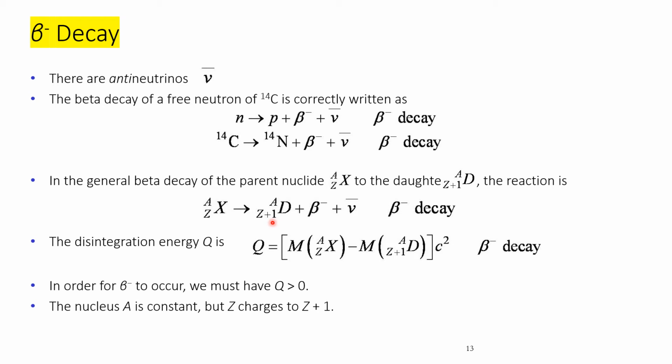And the disintegration energy Q is given by this equation here. This is for your beta decay. In order for beta minus decay to occur, we must have a Q that is greater than 0, or a Q that is positive. Otherwise, if you get a negative Q, then the beta decay of the nucleus that you are thinking about may not be possible.